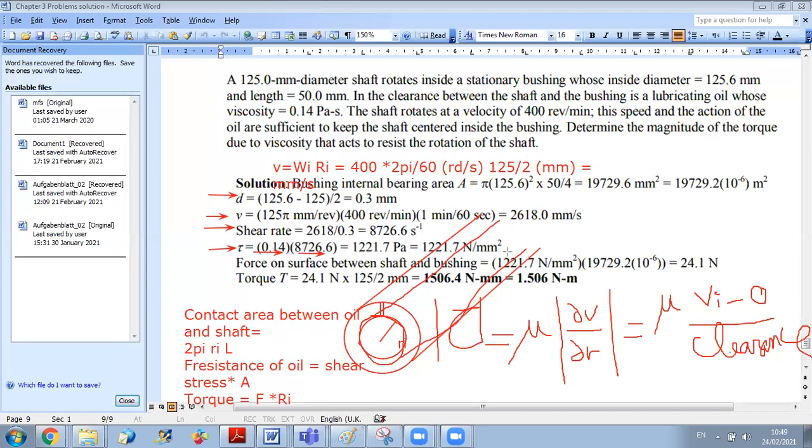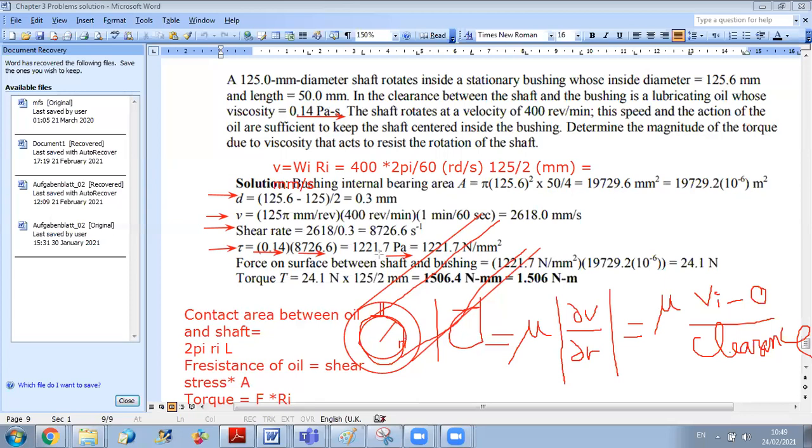The shear stress unit is Newton per unit area. When you multiply the viscosity, which is in Pascal second, by the shear rate, which is second minus 1, you get your unit in Pascal. Pascal is Newton per meter square.